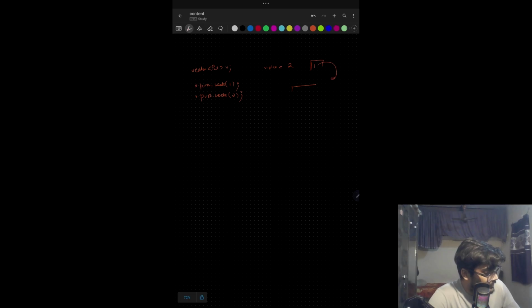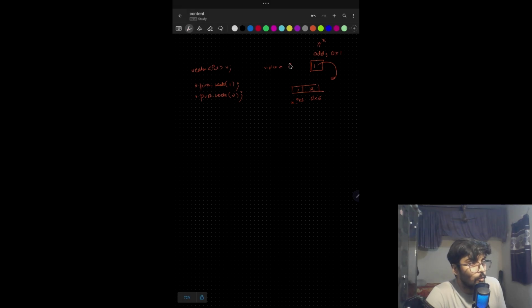Let's assume the address is always x, so x here becomes 0x2, and this becomes 0x2 plus 4, and this becomes 1, then 2. So it actually moves the data that you feed to it. You got my vibe, right?